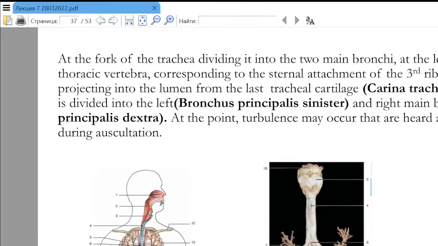The trachea divides into two main bronchi at the level of the fourth thoracic vertebra, corresponding to the sternal attachment of the third rib, with a ridge projecting into the lumen from the last tracheal cartilage. This is the carina tracheae.